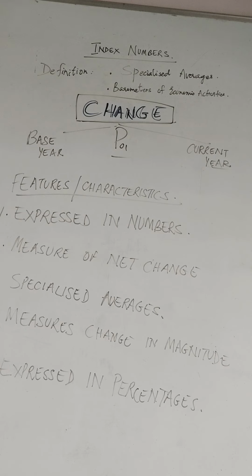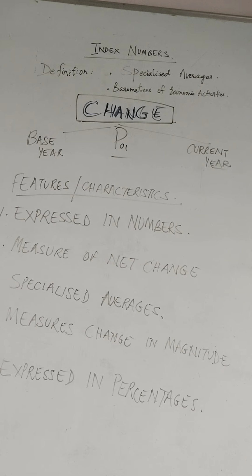So they are specialized averages taking in all the different units, and this helps the comparison of two or more index numbers in different situations. It's interesting that the percentage sign is never used. Index numbers are expressed in percentage so that the change over a period of time can be compared.